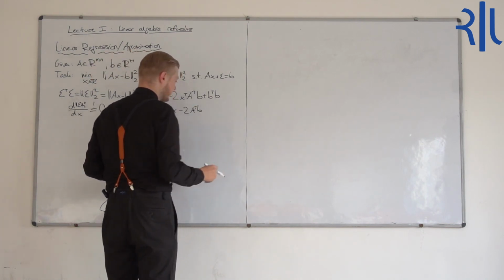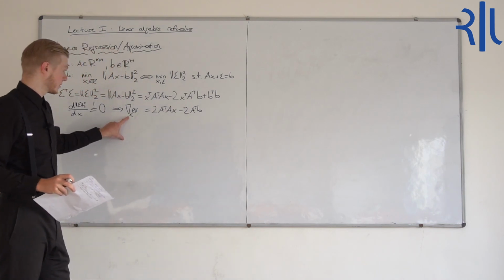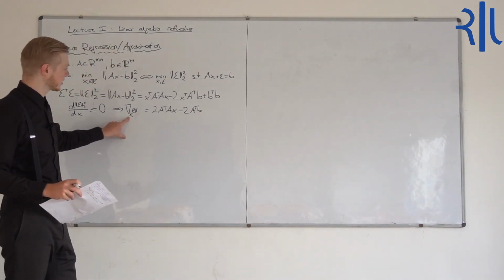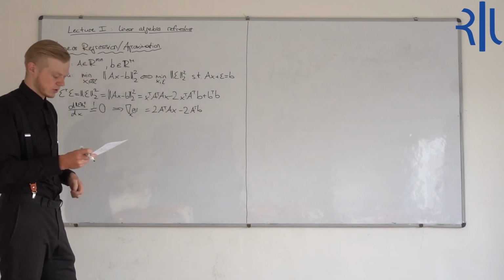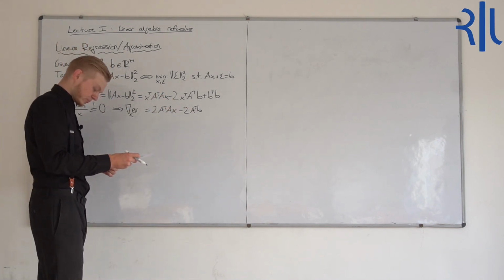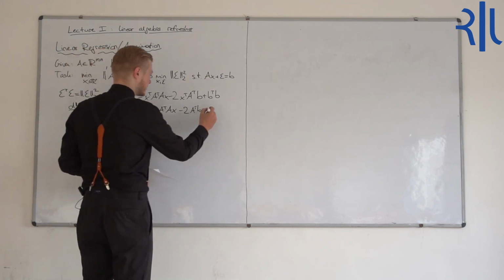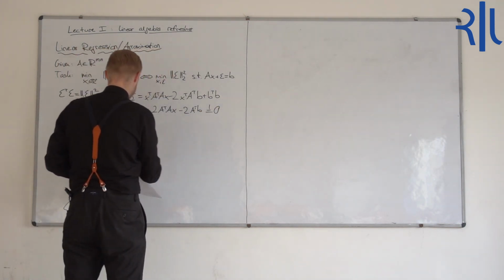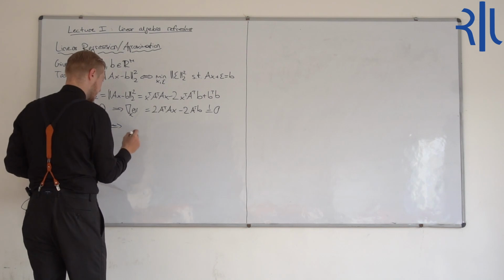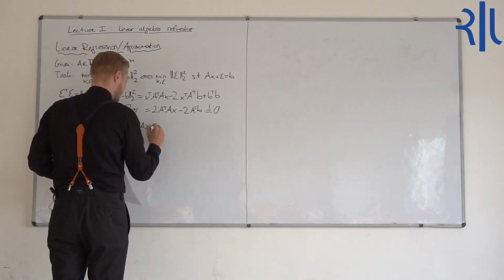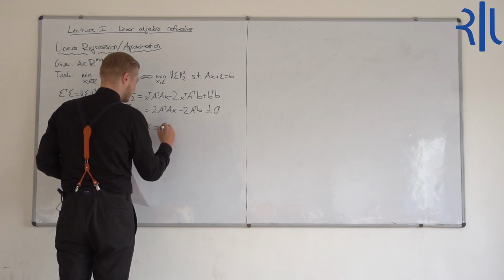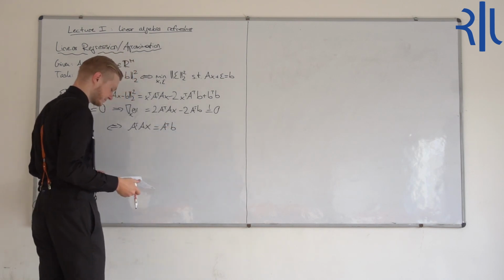A transpose b. I made a little mistake. It is not the differential, it would be the gradient here. For the differential, we would need to transpose the whole thing. And we want that to be equal to 0, which would then be equivalent to saying that A transpose A x is equal to A transpose b.